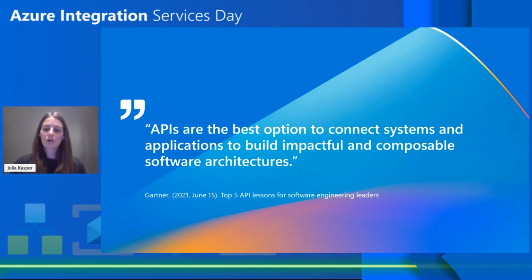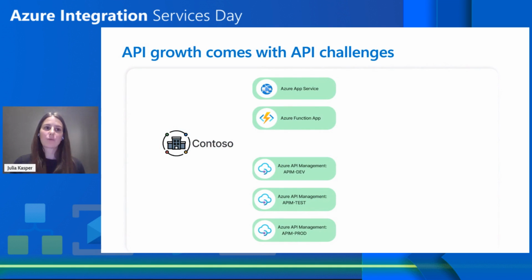But with a lot of growth, there also comes a lot of challenges. So one of these challenges, for example, is API sprawl. But what does it mean and what kind of challenges are these? APIs are being deployed across different services, across different platforms, across different gateways, right?